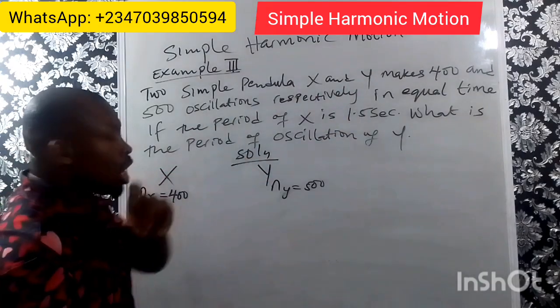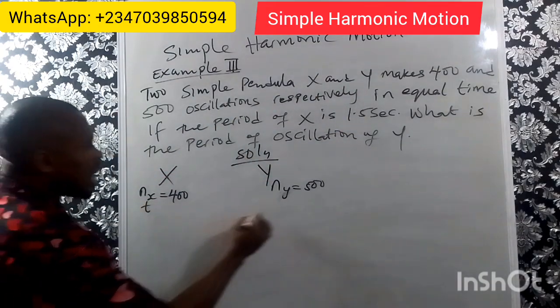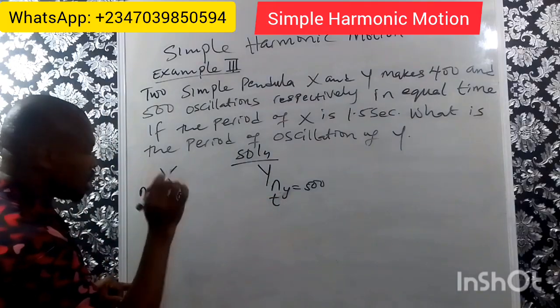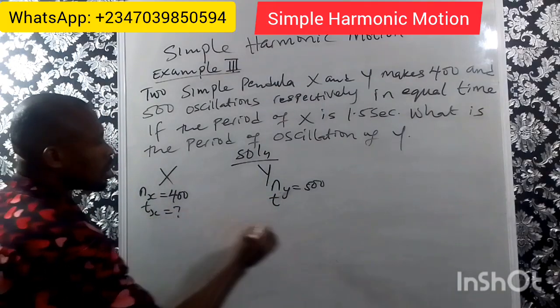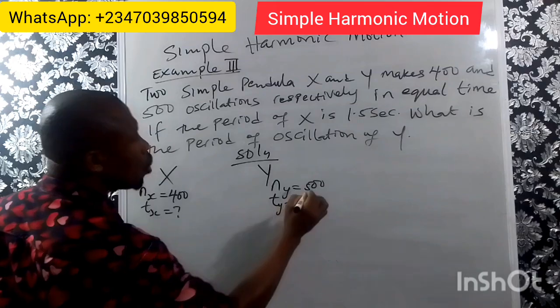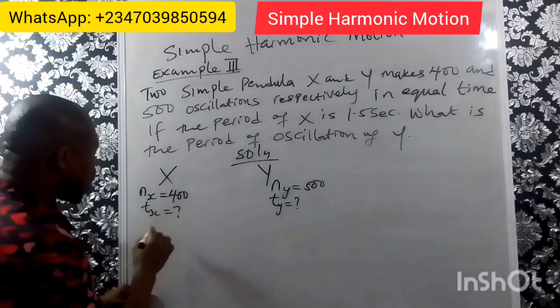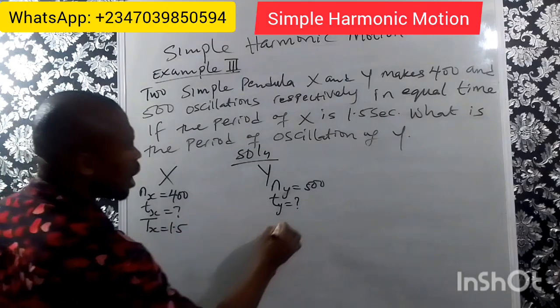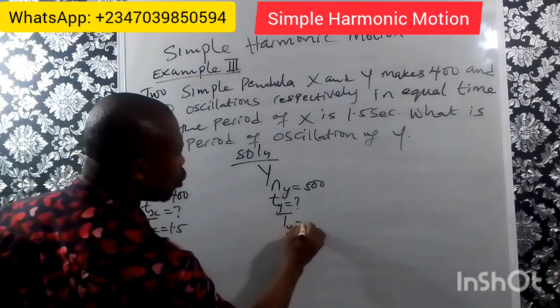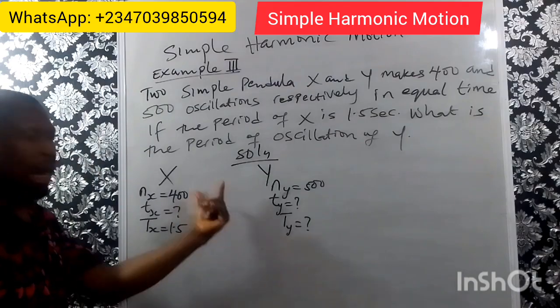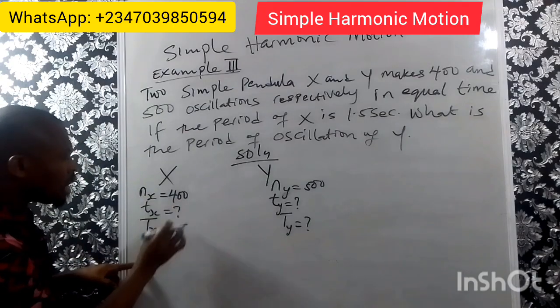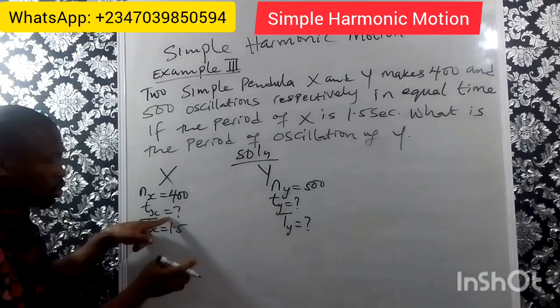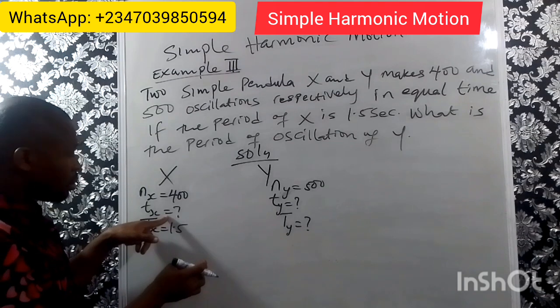Then it said the oscillations were done in equal times, small letter t. T for X is unknown, T for Y is unknown. They rather gave us the period for X to be 1.5, and then they asked us to get the period for Y.